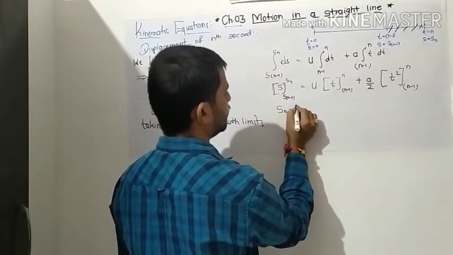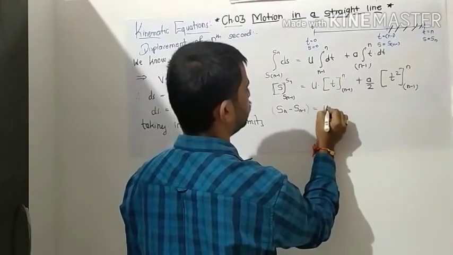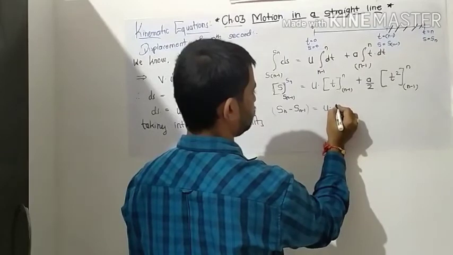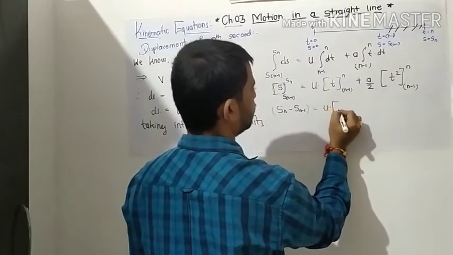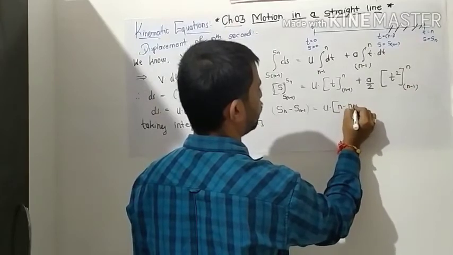So we can write s suffix n minus s suffix n minus 1 is equal to u into t. What is the value of t? That is n minus n plus 1.